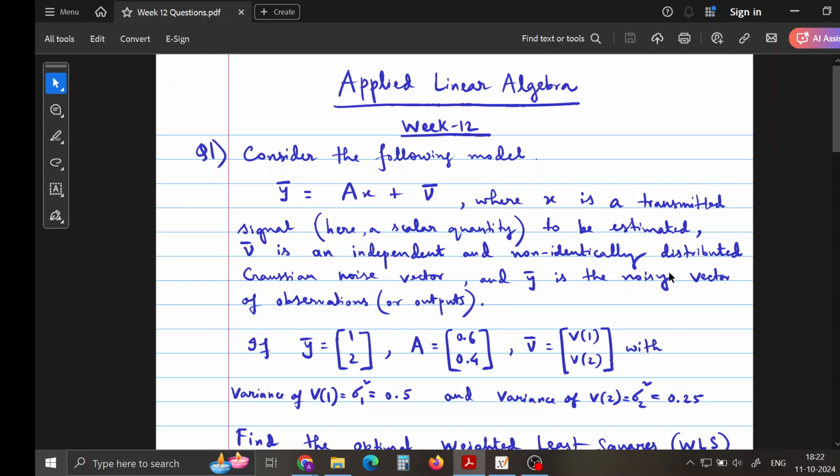Then we also saw the use and application of the Woodbury matrix identity, WMI for short. It helps us compute the inverse of a matrix of the form A plus UCV.